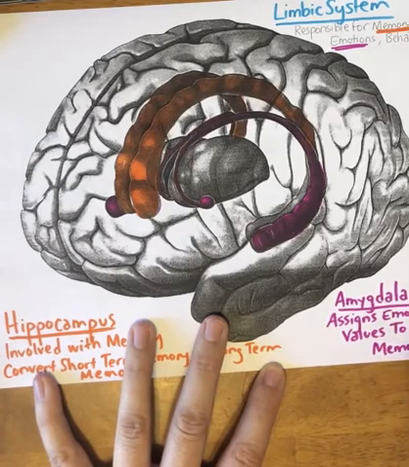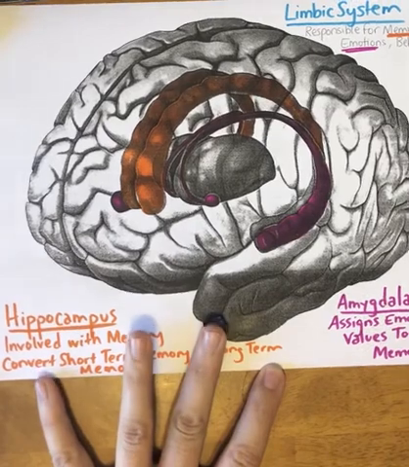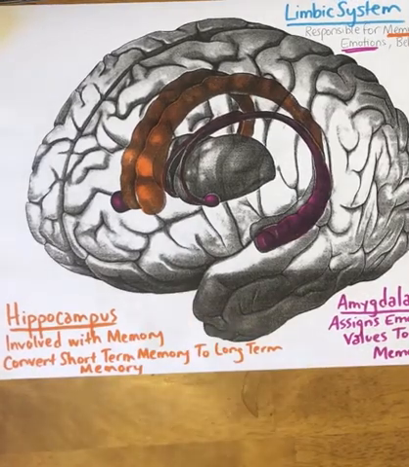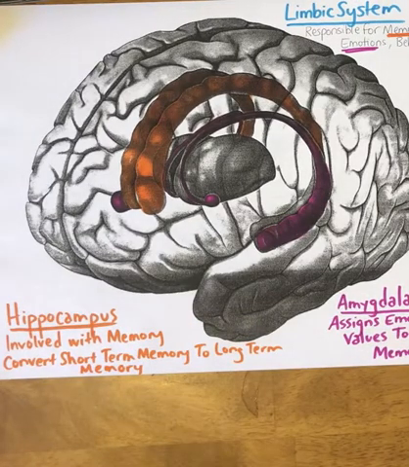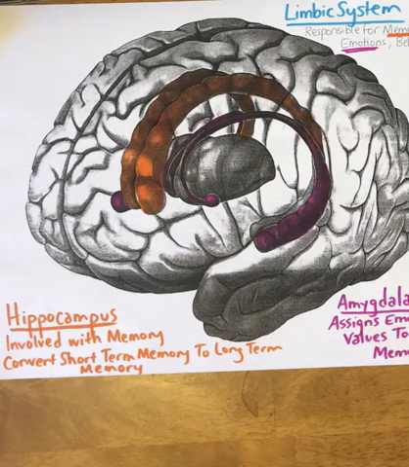So memories can be good, and memories can make you have emotions. So just thinking about something, or anything associated with a memory that you have, can make you have a happy response or a sad response.